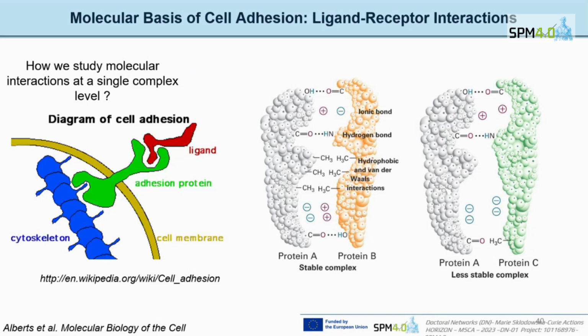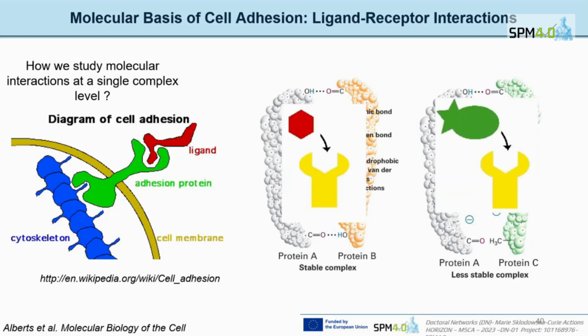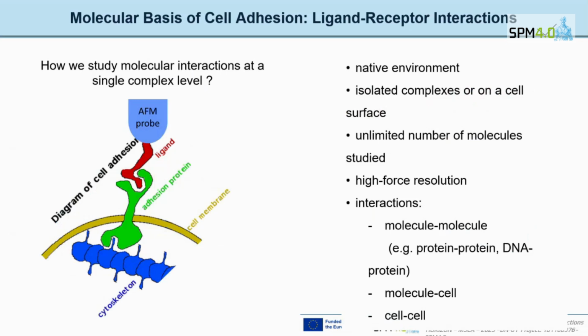Sometimes molecules will bind even if they don't exactly fit, but then they form less stable complexes, as you can see on the right. So to study such interactions, the binding and unbinding of these complexes, we have to work in a native environment on isolated complexes.